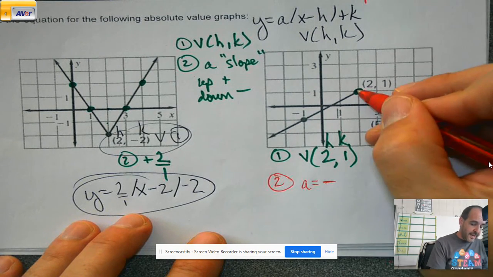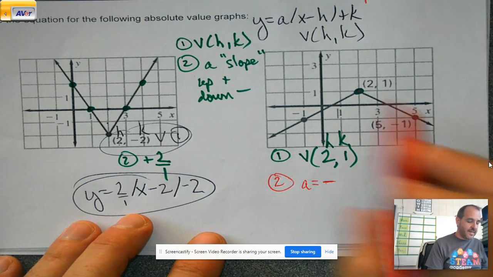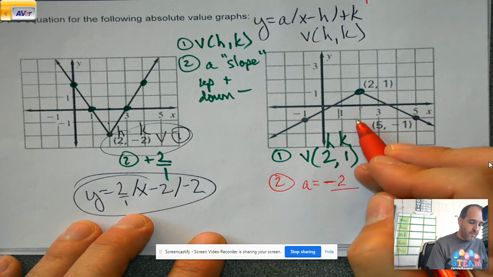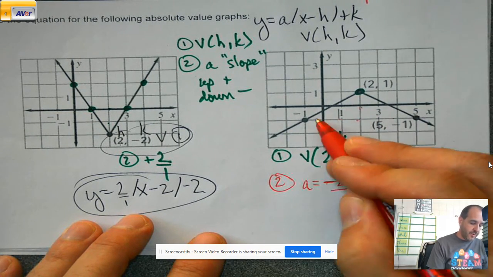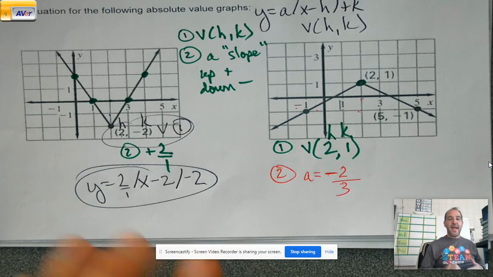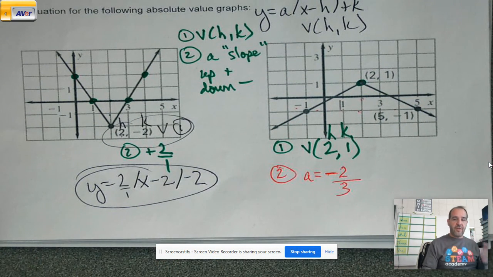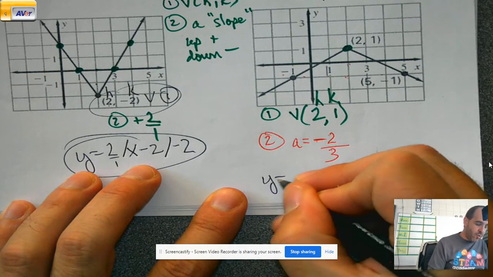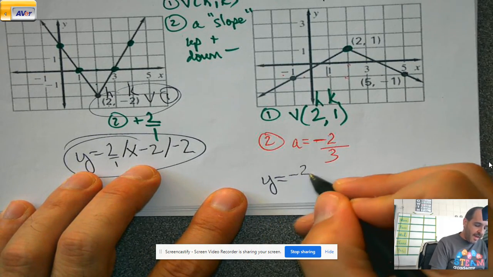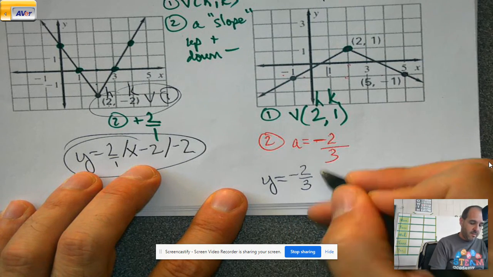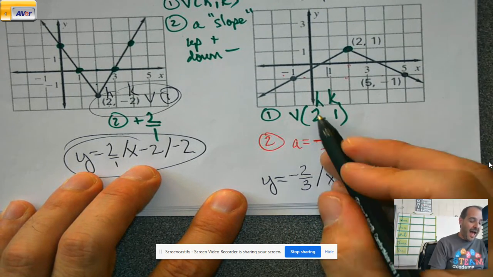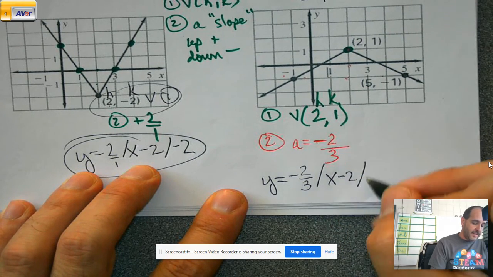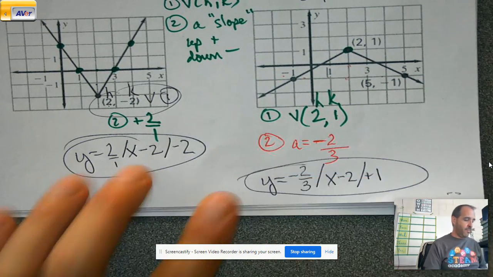To get from one point to either of these, it doesn't matter which one I use, I go down 2 and over 1, 2, 3. 1, 2, 3. Again, the negative comes from the fact it's opening down. That's all I need to know. And so from here, y equals A, x opposite of 2 is minus 2 plus k. And I'm good.